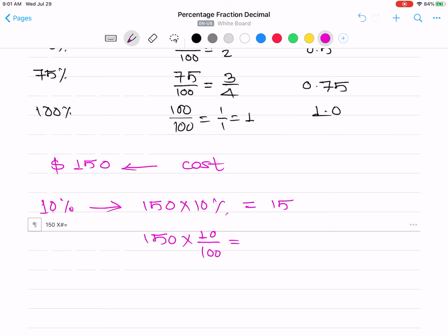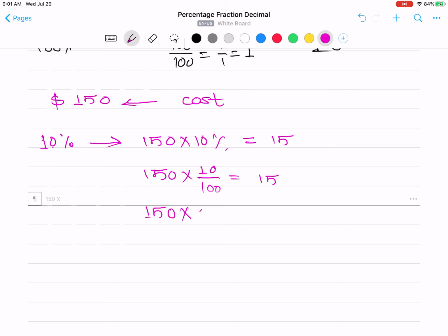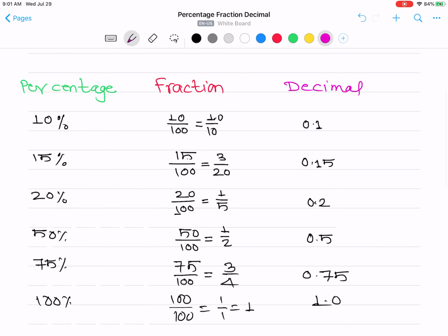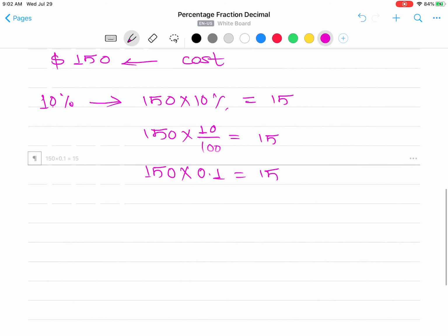If you calculate this one, this also gives you 15, and similarly you can use the decimal. 150 times the 10% in decimal, which is 0.1, so just multiply by 0.1 and this will give you again 15. The same thing, you can use either the percentage or the fraction or the decimal, and that will give you the same result.